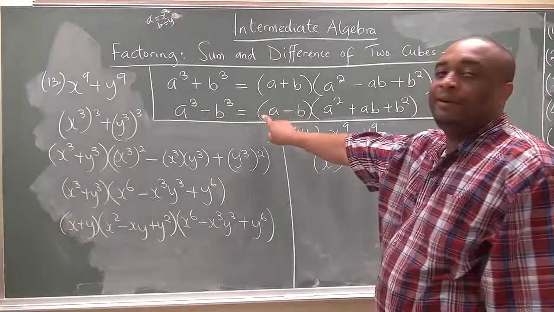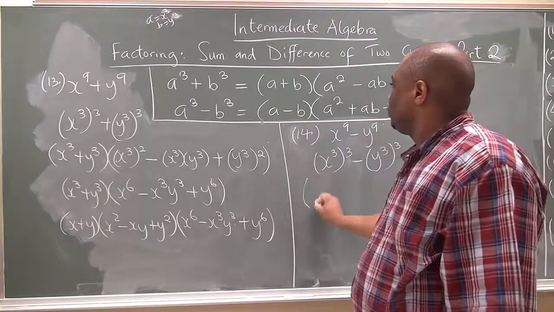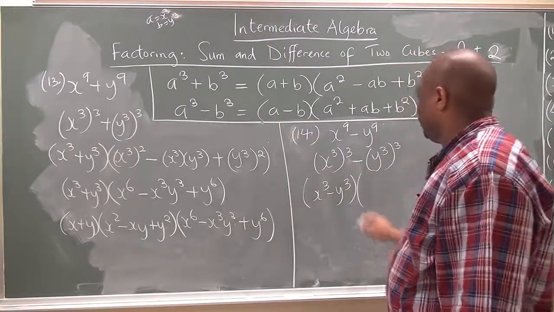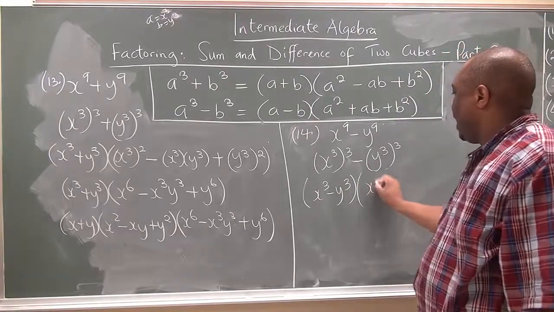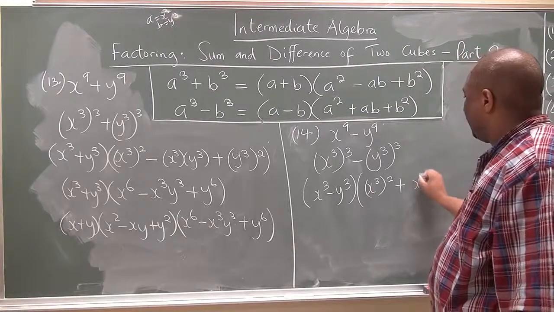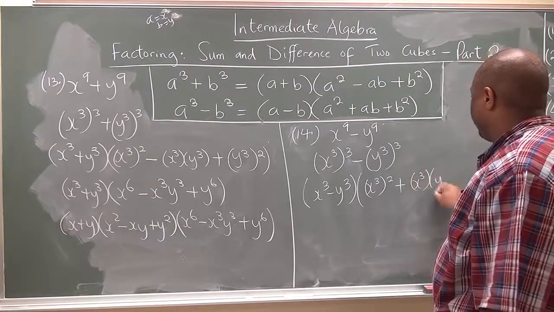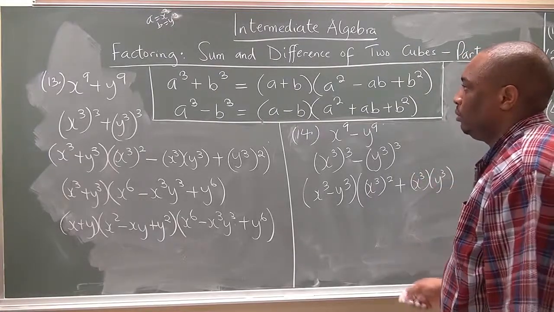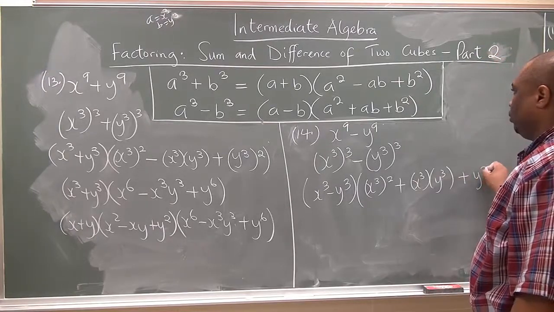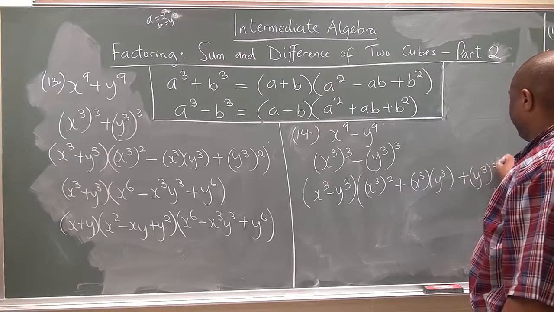You use difference of cubes. This will be X cubed minus Y cubed times (X cubed) all squared plus X cubed times Y cubed, right? Plus (Y cubed) all squared.